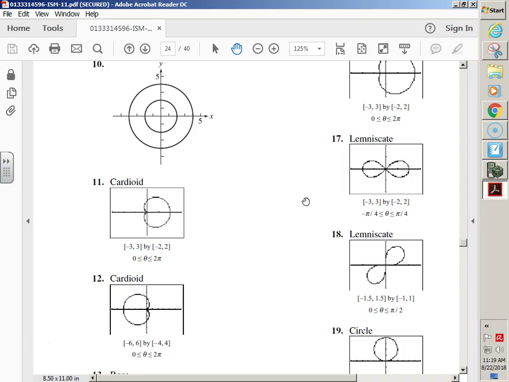Okay, homework spirals. Homework spirals. Okay, so it's going to be late.